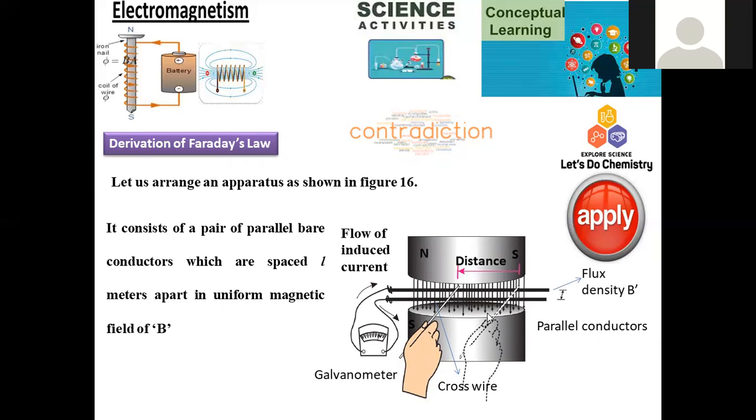Let us assume these are copper wires. Electrical flux originates in between these two parallel lines, and the distance between the north and south pole is measured as D. The galvanometer is connected with the two parallel conducting wires in order to measure the potential difference. These two are cross connected with cross wires as well, so a cross connection is also available here.